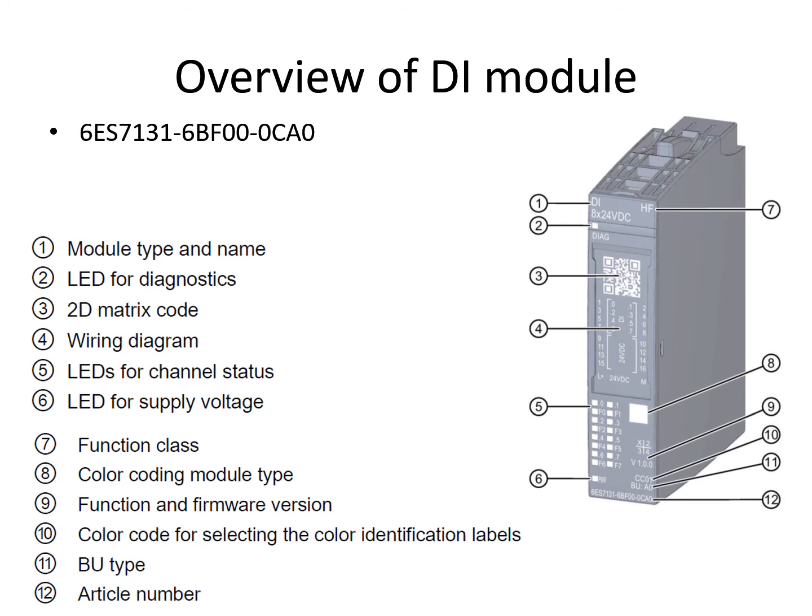You see that we have LEDs for diagnostics that show if the device is working and connected to the rack. We have LEDs for channel status. For example, here we have only 8 channels, and they show the status of those channels. If one switch is on, then the LED of that channel will be on.